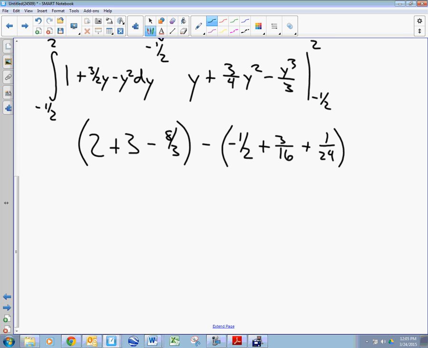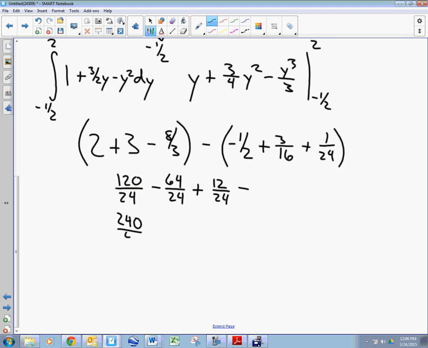So this will be 5 multiplied by 24 is 120 over 24, minus top and bottom by 8, I've got 64 over 24, plus top and bottom by 12, I get 12 over 24, minus, oh, it wasn't 24, it was 48, wasn't it?